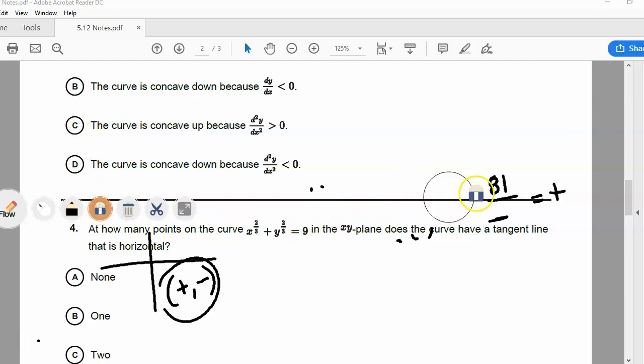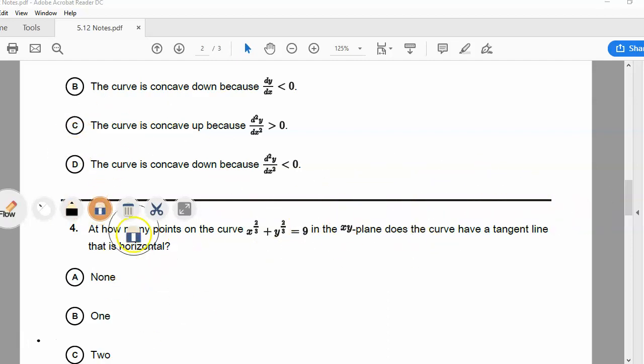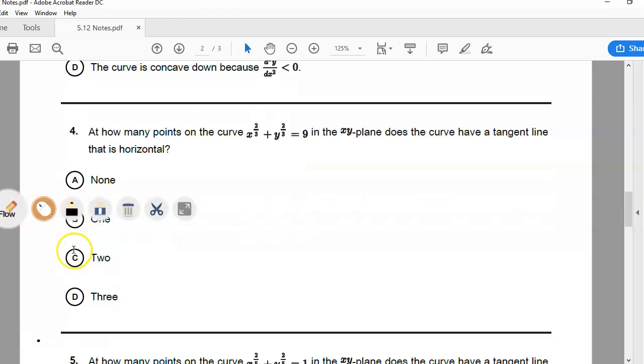All right, let's look at 4. Okay, for 4, at how many points on the curve x^(2/3) plus y^(2/3) equals 9, in the xy plane, does the curve have a tangent line that is horizontal?